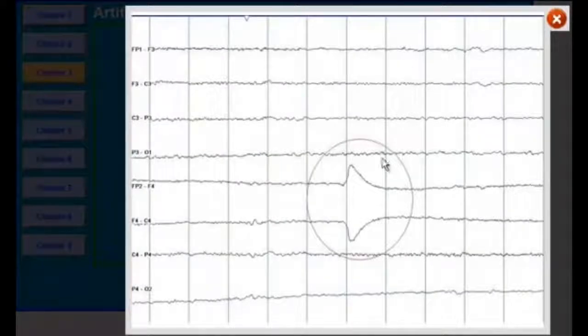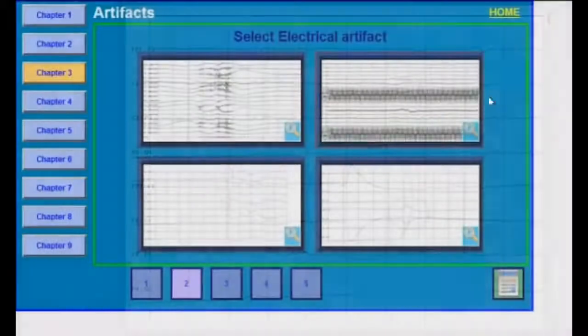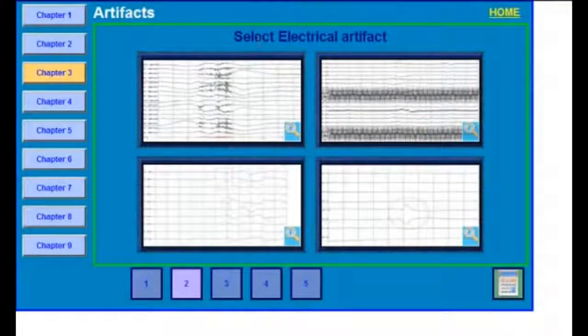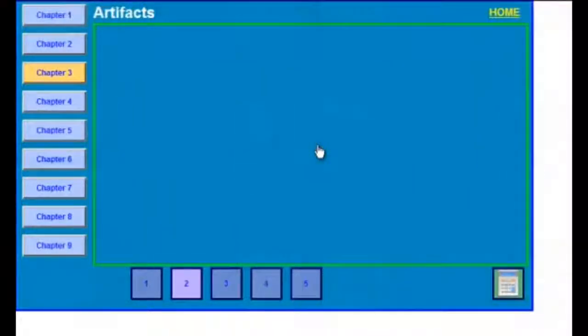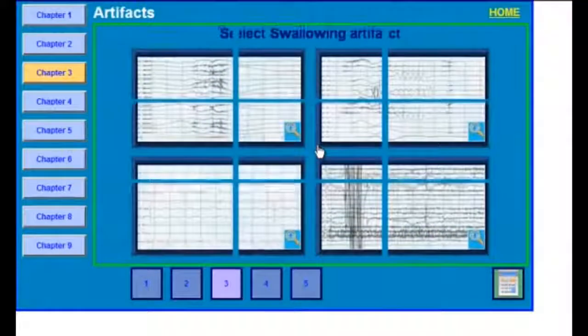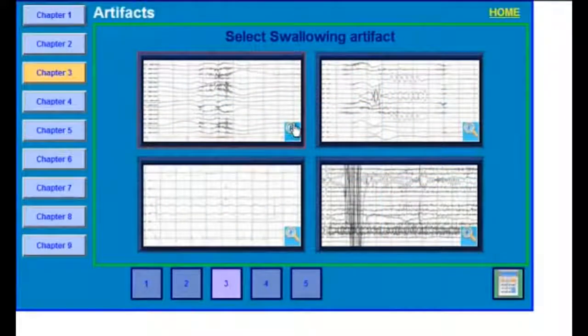What you see here in this circle, this is called an electrode pop. So it is of a positive polarity, and you see that it has been recorded at F4. So the question, select electrical artifact. So this should be the right answer. Next, look at this again.